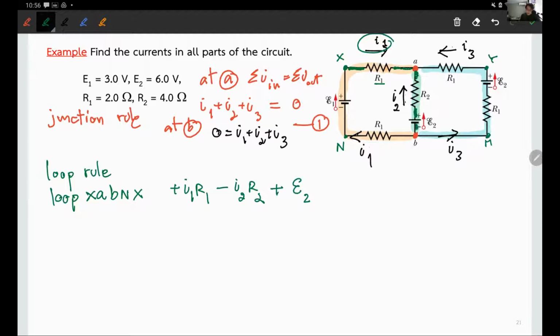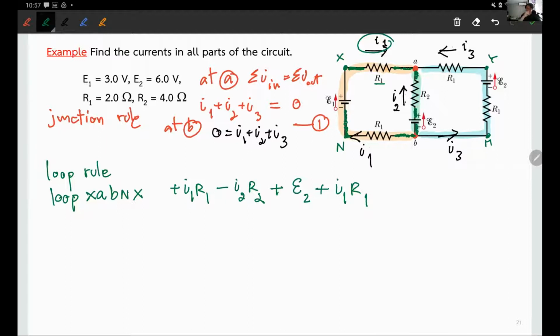I'm done. Now I'm arriving at point B. Turn. Now I am hitting R1, having the current I1 through. But right now I am walking in the same direction as the current I1. So it's a positive I1 R1. Keep going. Now I'm at N. Turn.